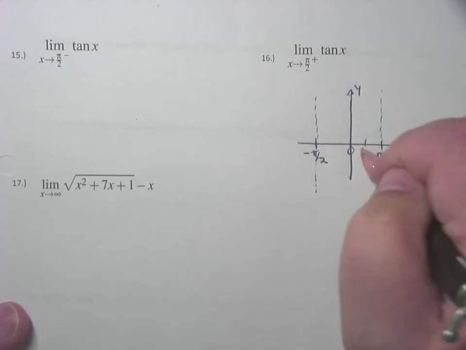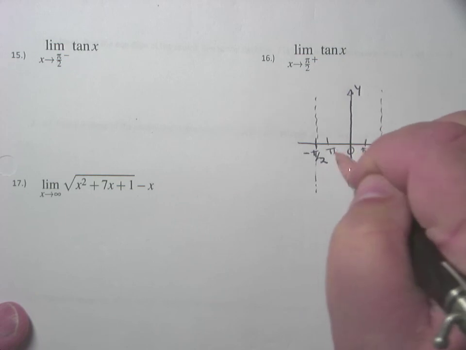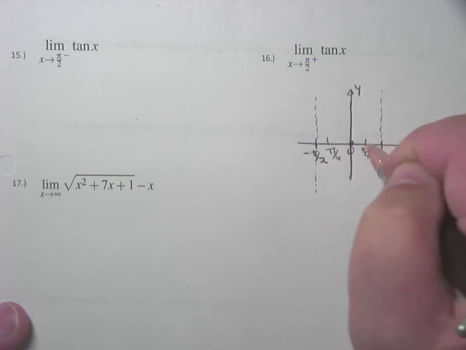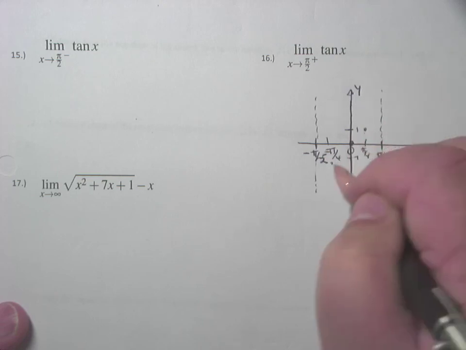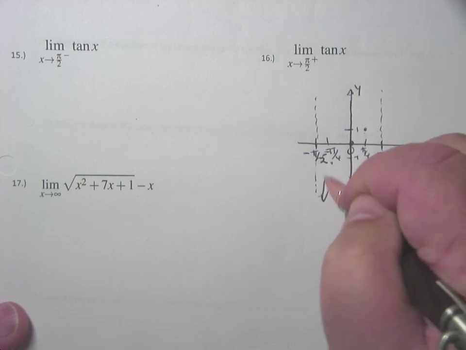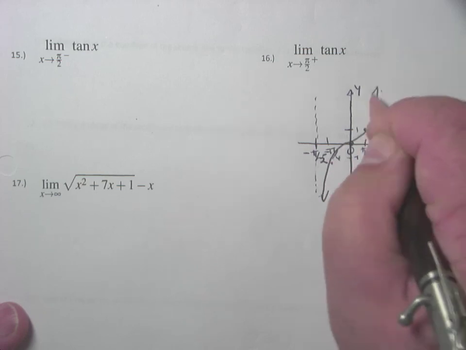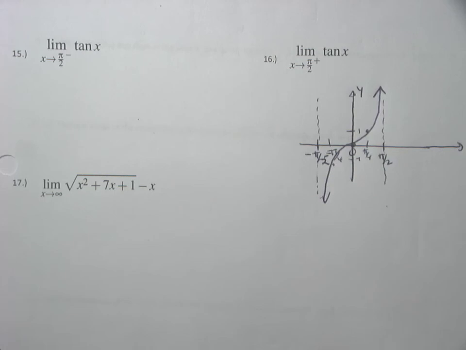And over here at pi fourths and negative pi fourths, the tangent of 0 is 0, the tangent of pi fourths is 1, the tangent of negative pi fourths is negative 1, but as you get close to pi halves, it goes vertical. As you motion with your fingers, this looks almost like a square root graph, but it's bounded. Does that make sense? Because it's periodic. The squiggly, like a cube graph, but it's bounded between negative pi halves and pi halves.